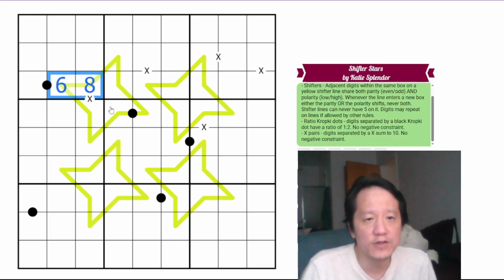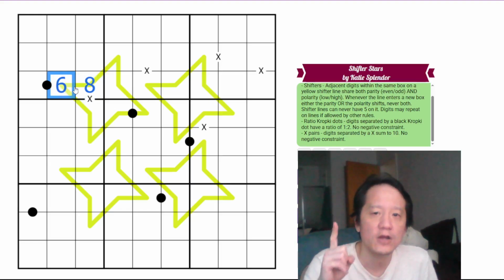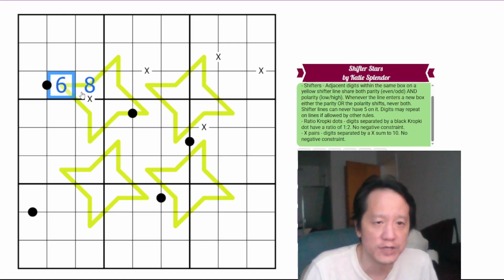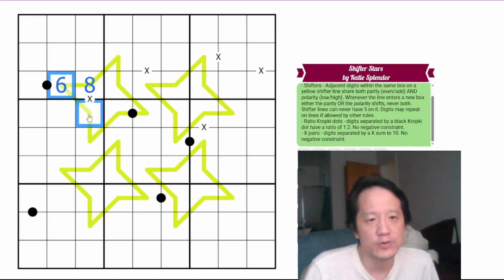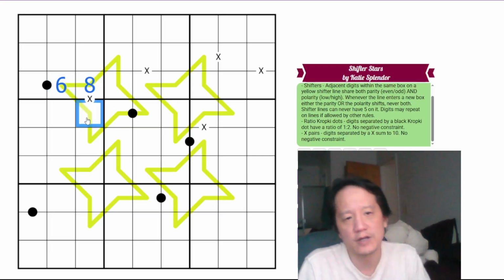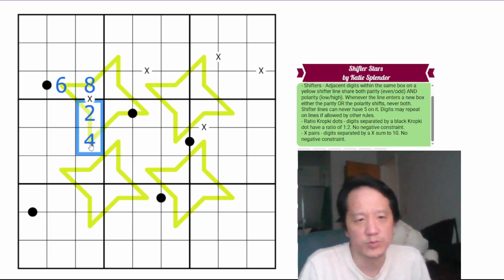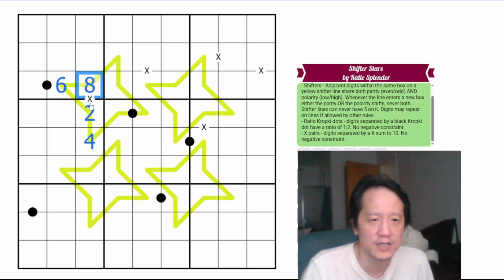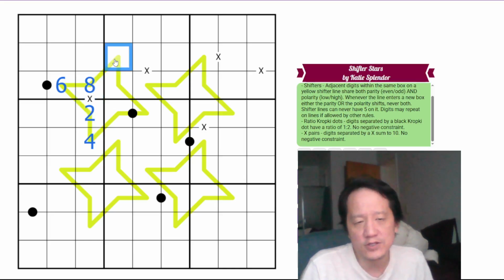So whenever the line enters a new box, either the parity or the polarity shifts. For example, you could shift the polarity here, which would be, they would still be even, but then they would be low polarity, and that would work because this would be 2, 4, that would add up to 10. And this could be similar, right?